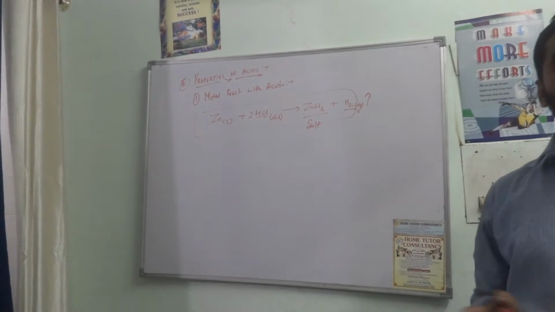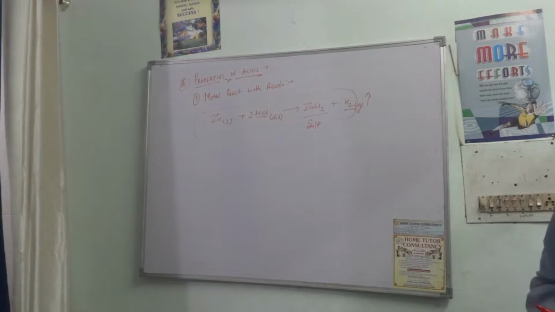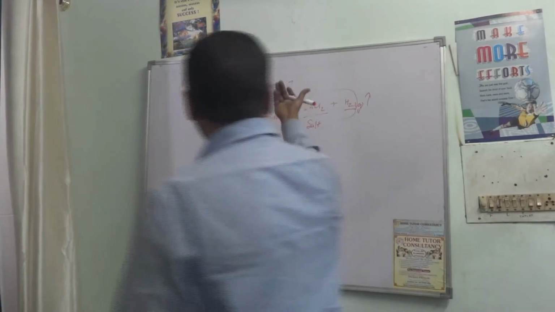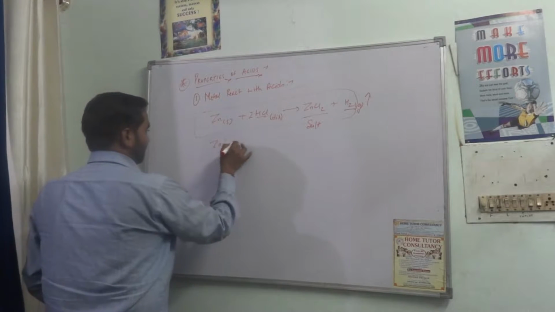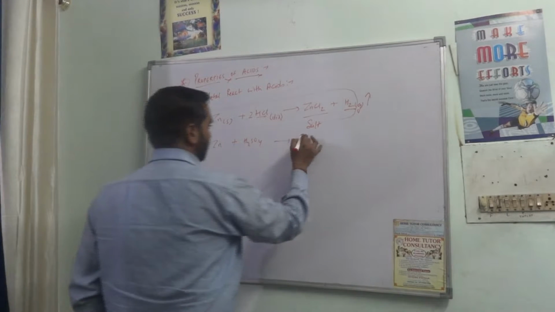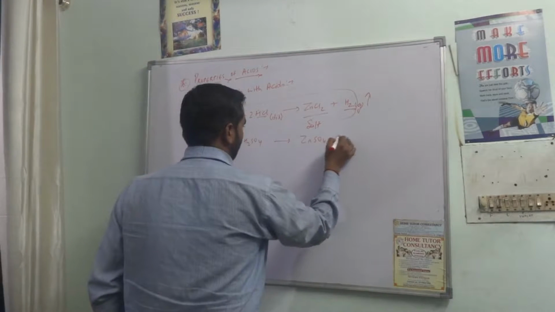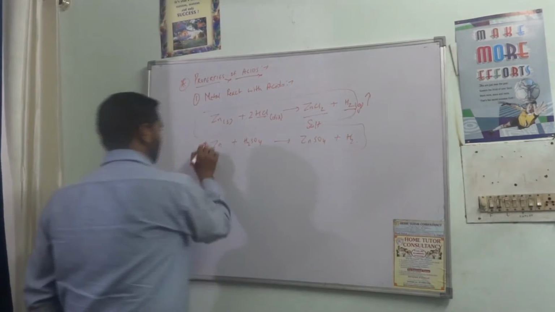We can take some other examples, like magnesium or iron, and other acids too. Zn plus H2SO4 forms ZnSO4 plus H2. Same with sulfuric acid.